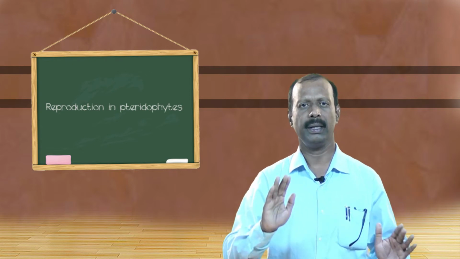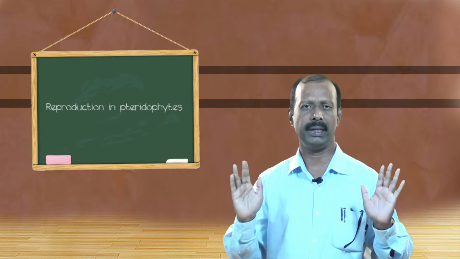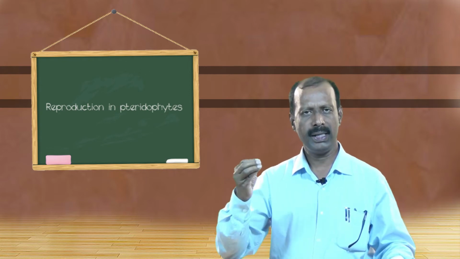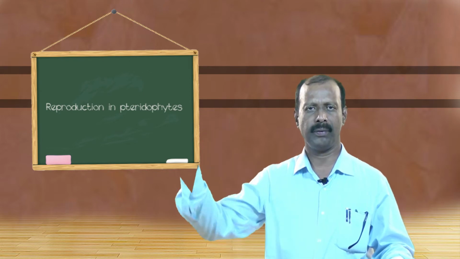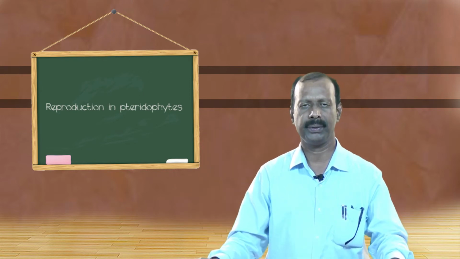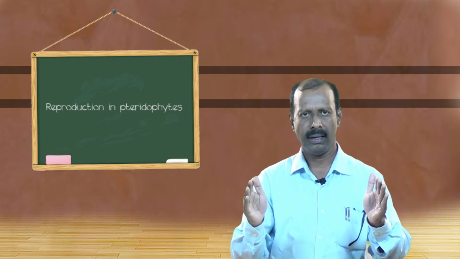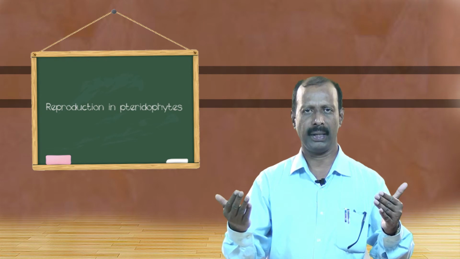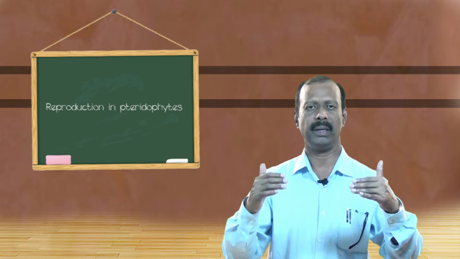But in the majority of the ferns, usually the homosporous condition is seen. These spores at a later stage develop into a full-fledged gametophyte. The gametophyte may be autotrophic or heterotrophic, and it may be subterranean or aerial.